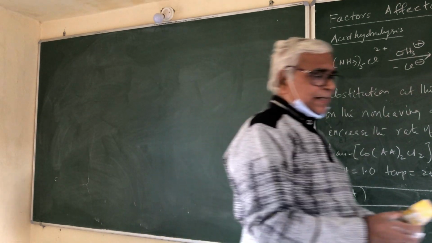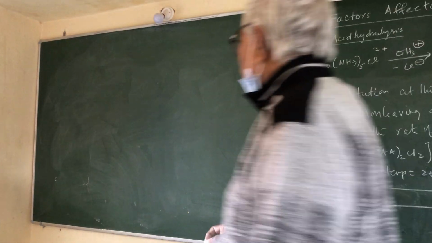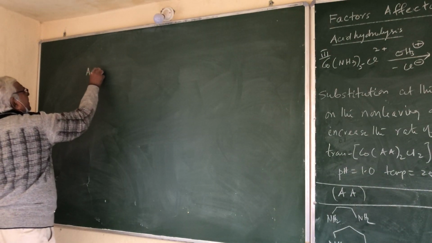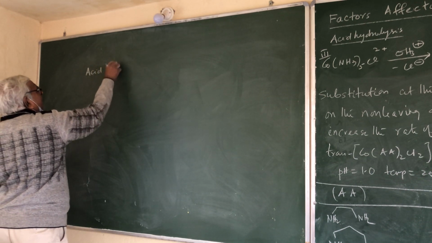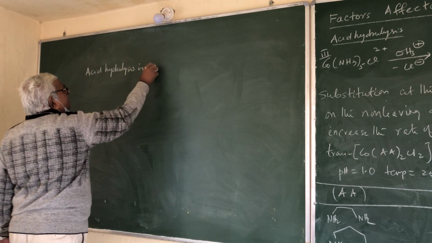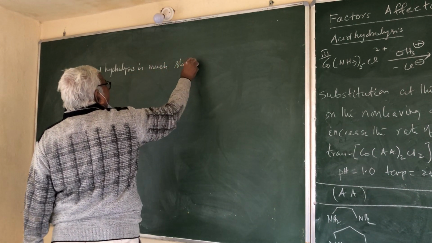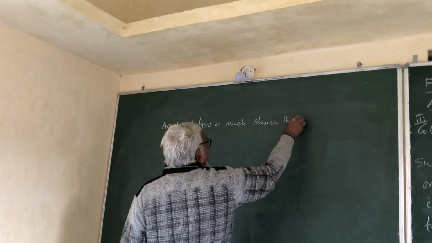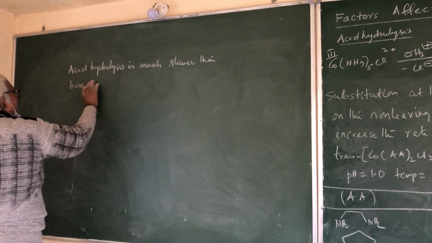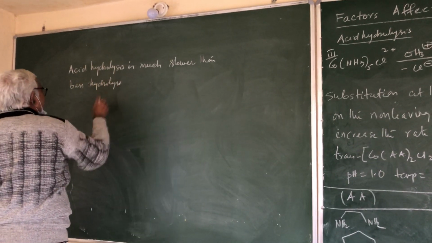Now, acid hydrolysis is found to be much slower than base hydrolysis. Acid hydrolysis is much slower than base hydrolysis.